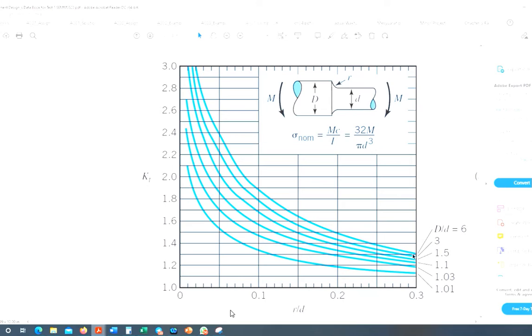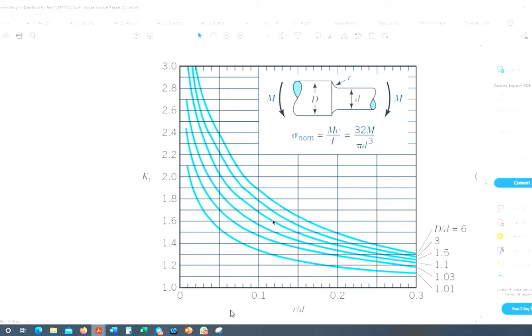Your value is 1.4, just near 1.5, slightly below 1.5. So you could take the 1.5 curve as your guideline, the third one from above.